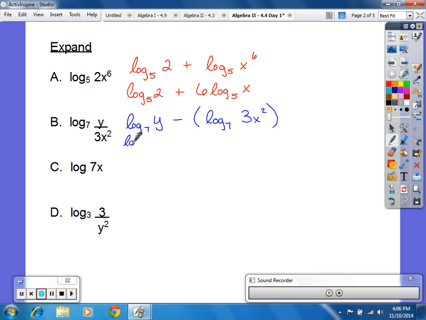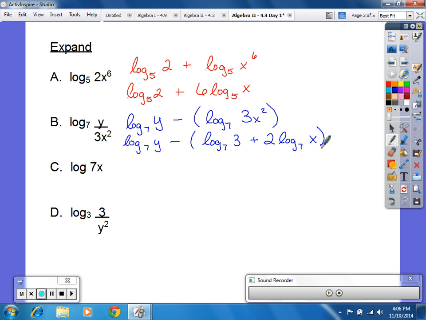So you could write the log base 7 of y minus the log base 7 of 3 plus, that 2 is an exponent, it's going to go out front, 2 times the log base 7 of x. Notice the 2 doesn't go with the 3 and the x, the 2 just goes with the x, and the same down here.